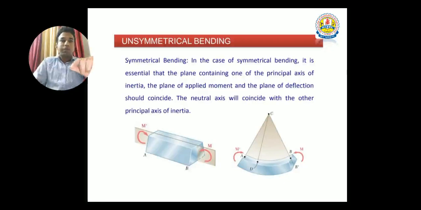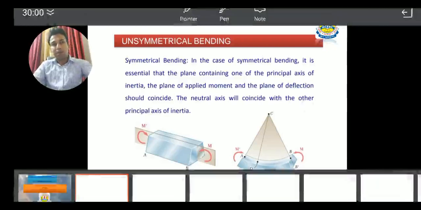In this case, only symmetrical bending will occur. As we can see here, the moment is acting on the axis of a plane that coincides with the principal axis of inertia, right? So we will start with unsymmetrical bending now.